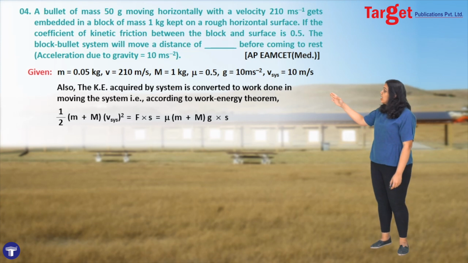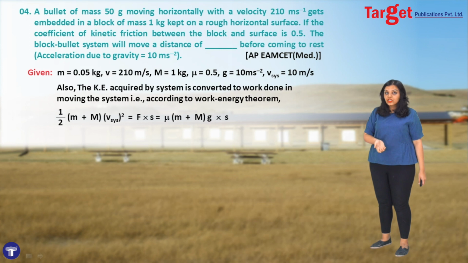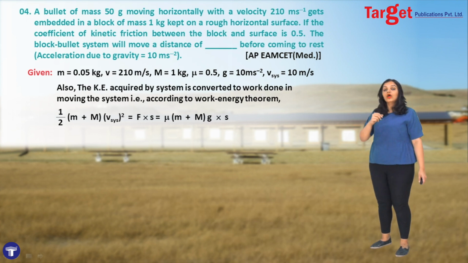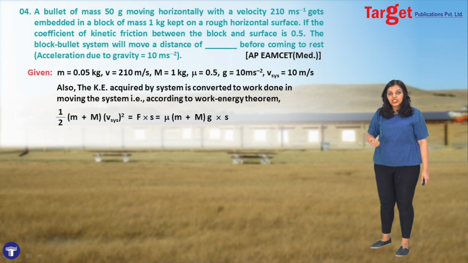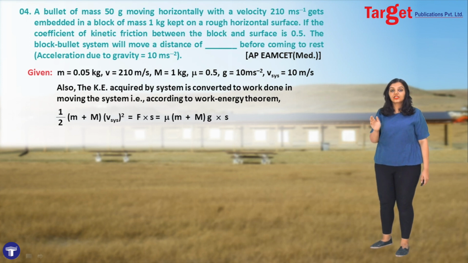So the work done on the right hand side is F into S, that's the definition of work, product of force and displacement. For force, I will write mu into N, where N is (small m plus capital M) into g. That's the normal reaction. And this now is the statement of the work energy theorem.